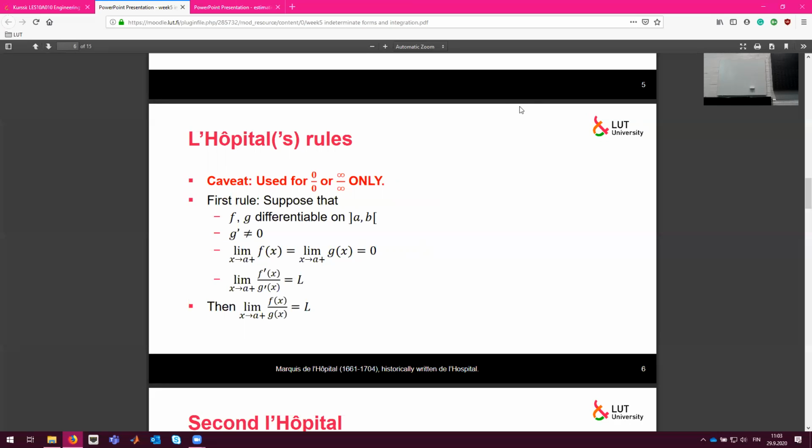They both approach 0 when approaching the value where we want to take the limit. Then L'Hopital's rule says that the limit of the quotient of these functions is the same as the limit of the quotient of the derivatives.